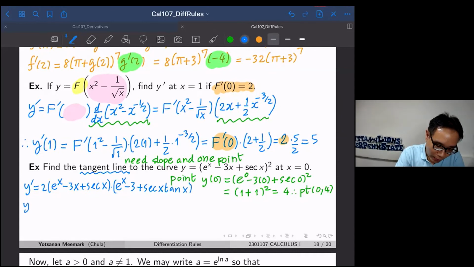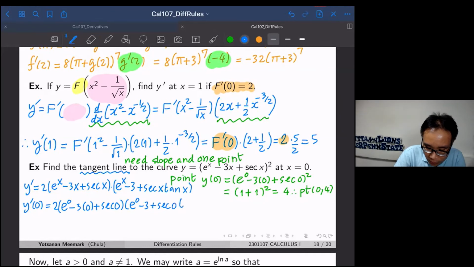And then you plug in y'(0), y'(0) is going to be 2(e^0 minus 3 times 0 plus sec 0)(e^0 minus 3 plus sec 0 tan 0).